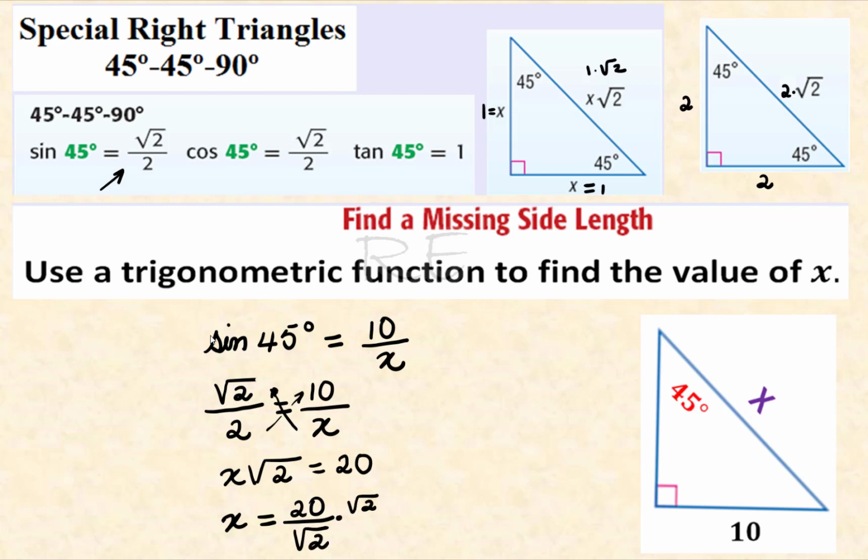When rationalized, we get 20 square root of 2 over square root of 4, which is 2. Divide by 2, we get 10 square root of 2, as expected. 10 square root of 2 for the hypotenuse and 10 for the missing leg.